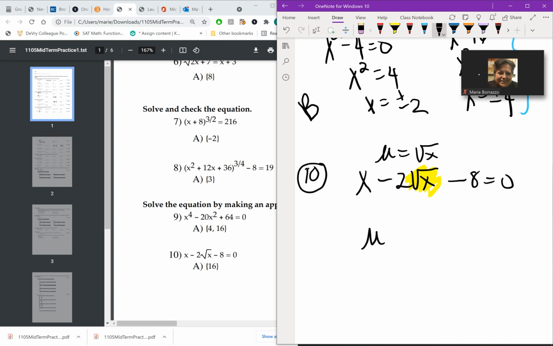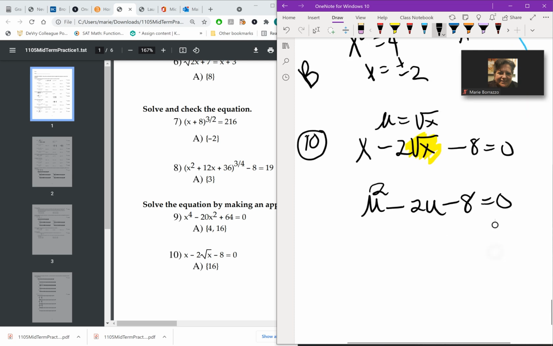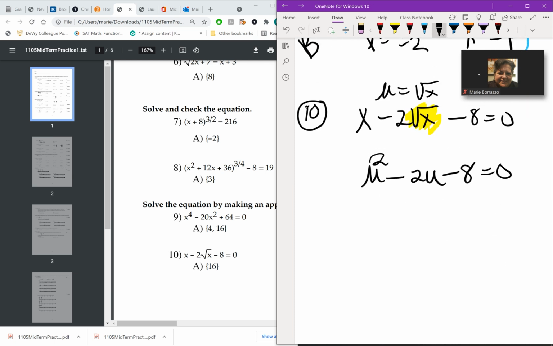So I have u squared minus 2u minus 8 equal to 0. And so I'm going to factor from here. So that means that if I open up my factors, this is u, this is also u. I'm thinking minus 4 and a plus 2 would do it, because you need mixed integers, right? So negative 4 and positive 2 will give you negative 8. And if you do the inner outer, obviously the center term would be negative 2u.